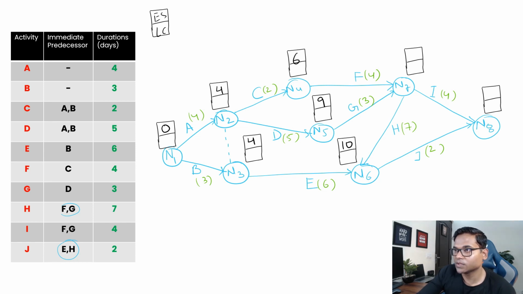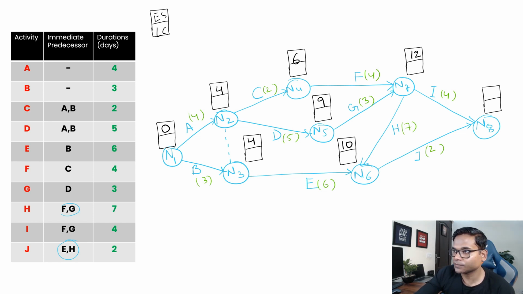So 6 plus 4 is 10, right? And then here, 8 plus 3 is 12, so actually it should not be 10, it should be 12, because 8 plus 3 is 12.